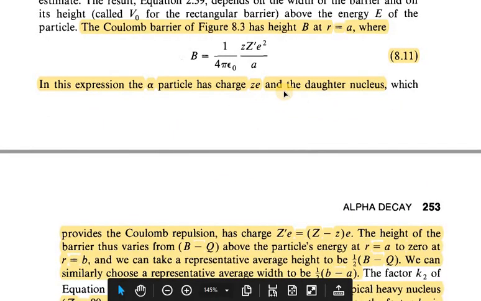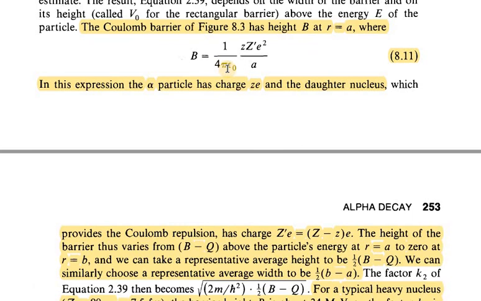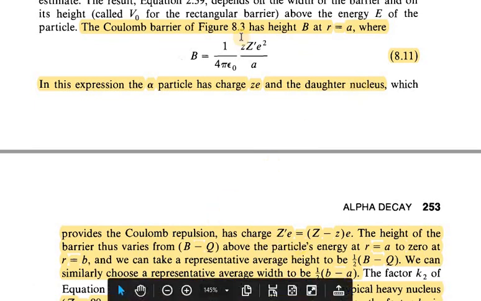The Coulomb barrier has height B at r equal to a, B equal to 1 by 4 pi epsilon 0 Z Z prime e square by a. In this expression, the alpha particle has charge Ze and the daughter nucleus, which provides the Coulomb repulsion, has charge Z prime e, that is Z minus 2 e.